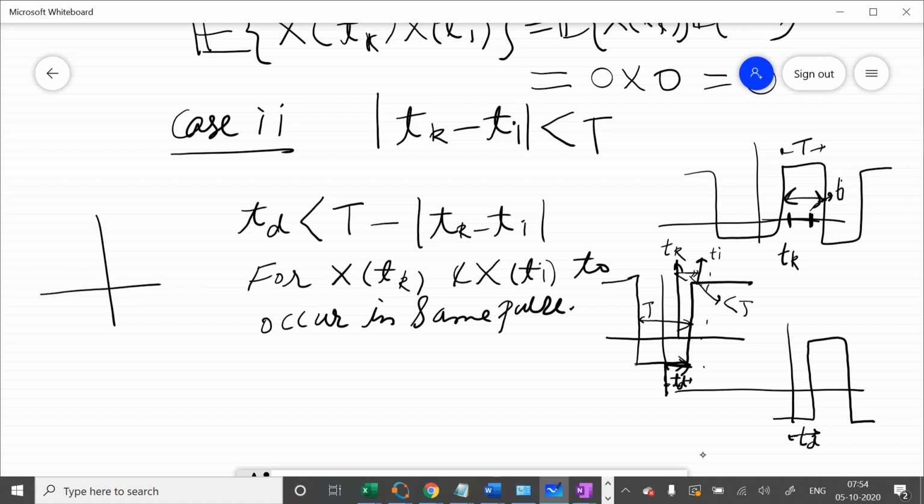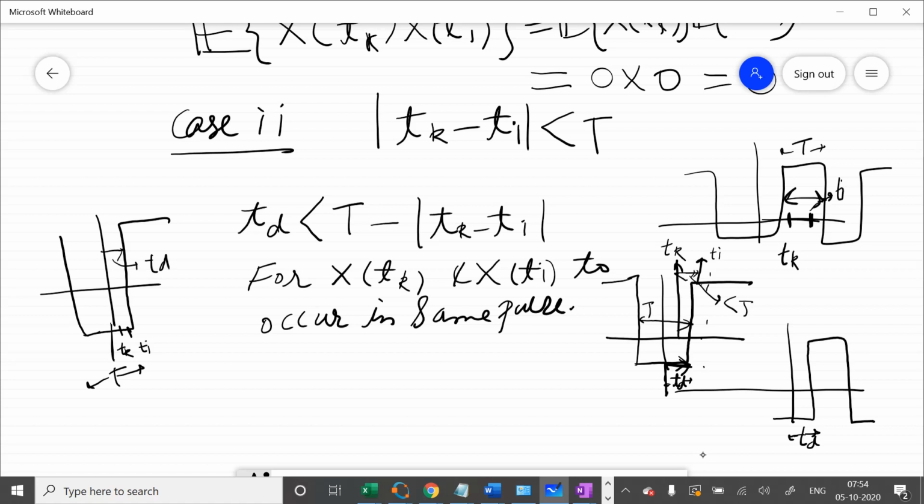But if the scenario is like this, so this is the T and here is TD, so TK, here is TI, and this is the TD.